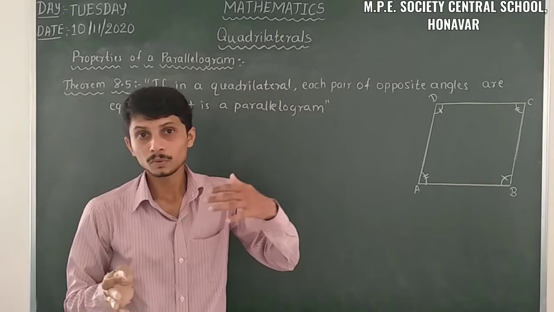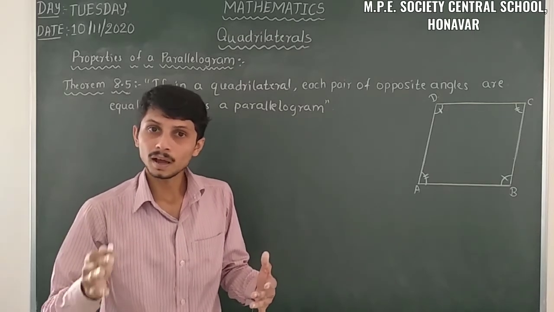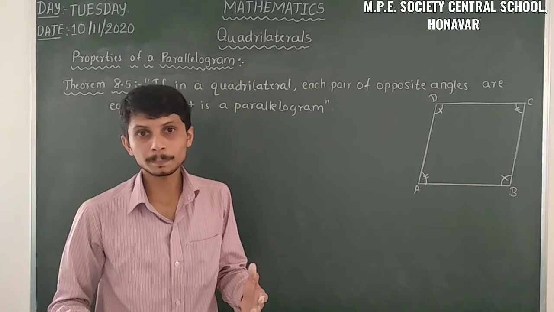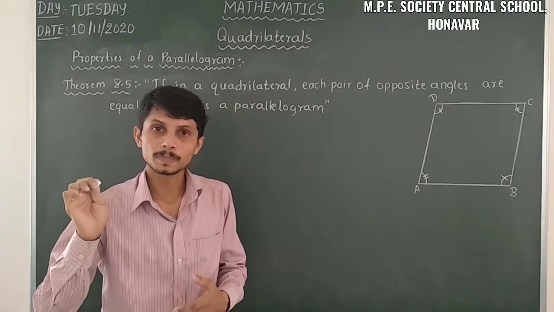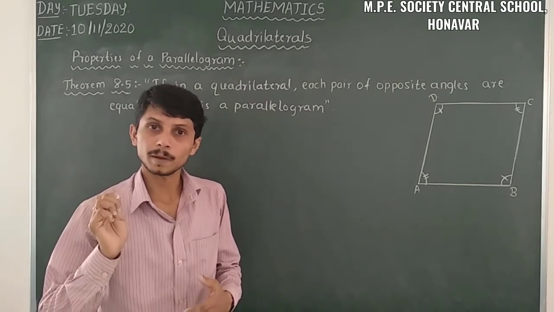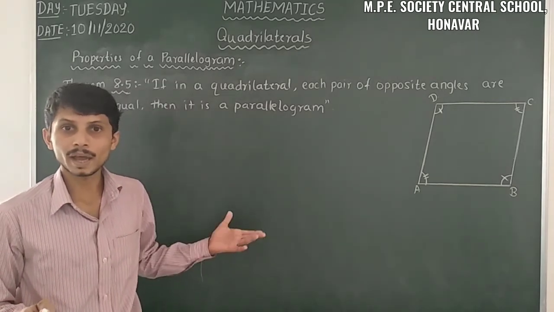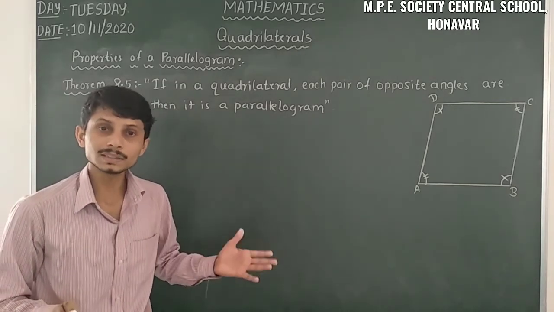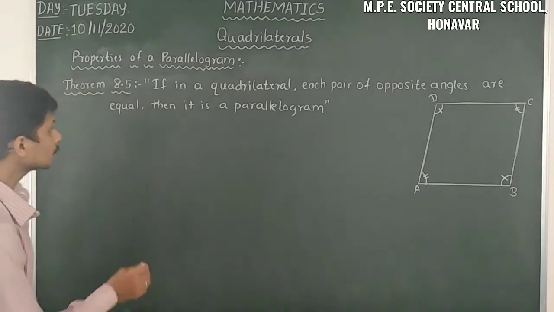So from the known things, we have to prove that adjacent angles are supplementary, and then we can consider it a parallelogram. So we have to use the given things and then prove this theorem.